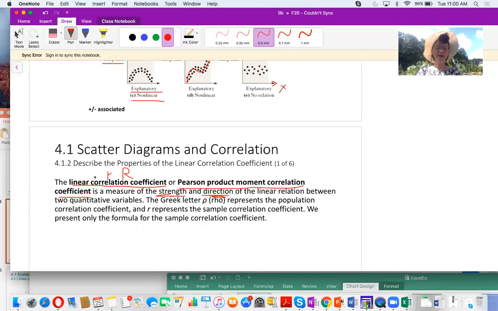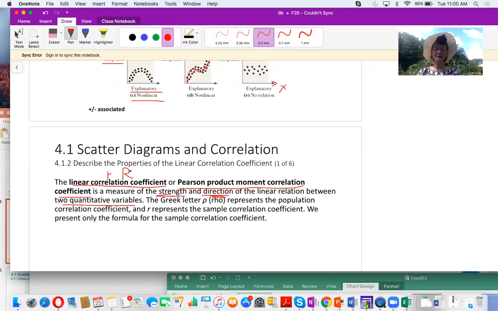And when the linear correlation coefficient is a positive number, that is a positive relationship. If the linear correlation coefficient is a negative number, it is a negative relationship, okay? So the linear correlation coefficient describes the strength and the direction of linear relation between two variables.